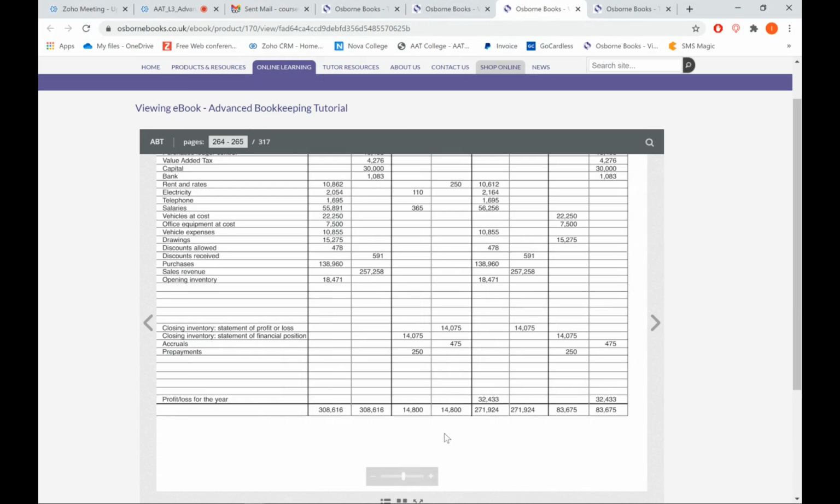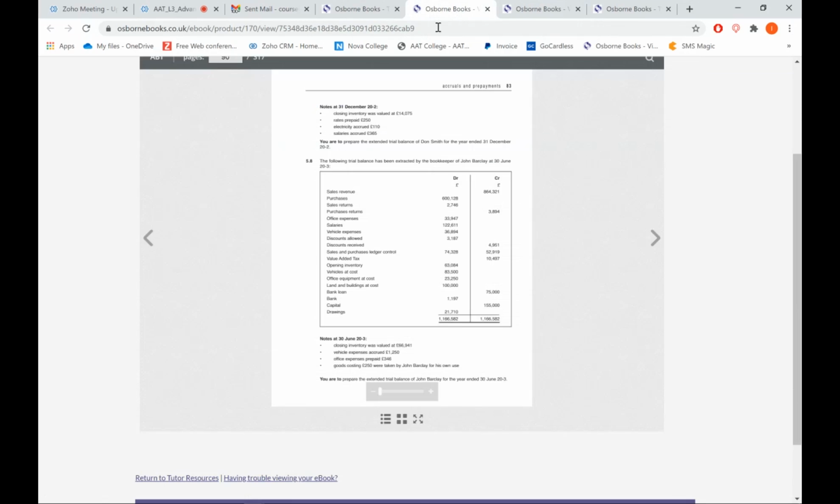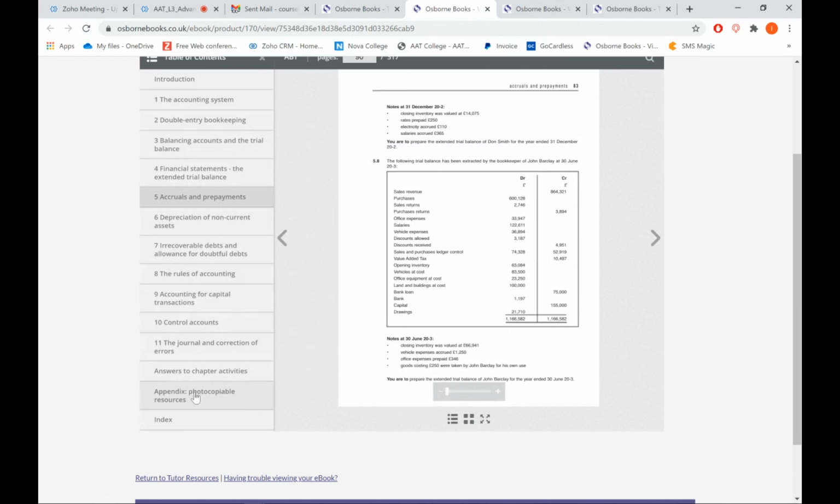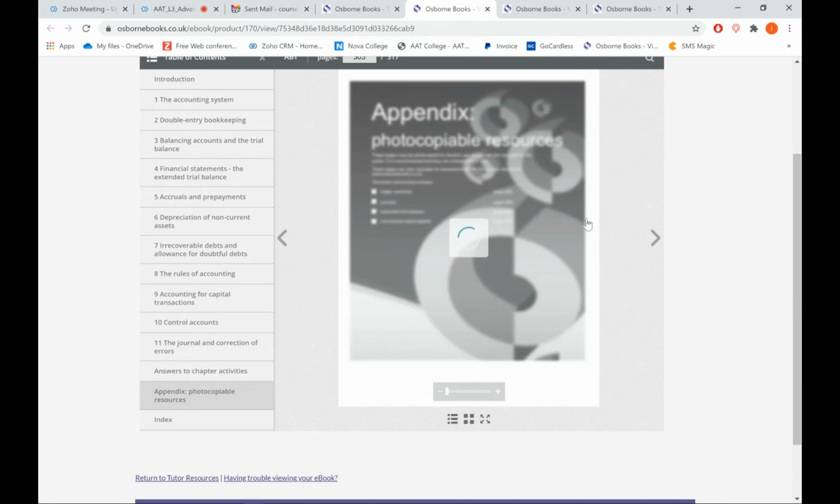So you have to practice this. For practicing, you need this kind of format because in the book it's not given and it's difficult to make lines. You can make lines in your notebook or it is given in your book. Look at the end of your book. You have photocopyable resources.